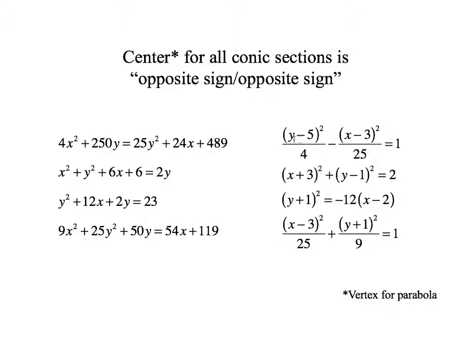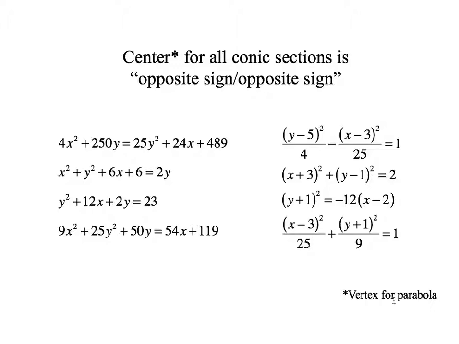The center of this hyperbola is +5 and +3. And the center of this ellipse is +3, -1. And of course, for the parabola, here, it's not the center that's indicated, it's the vertex, as I have noted here.